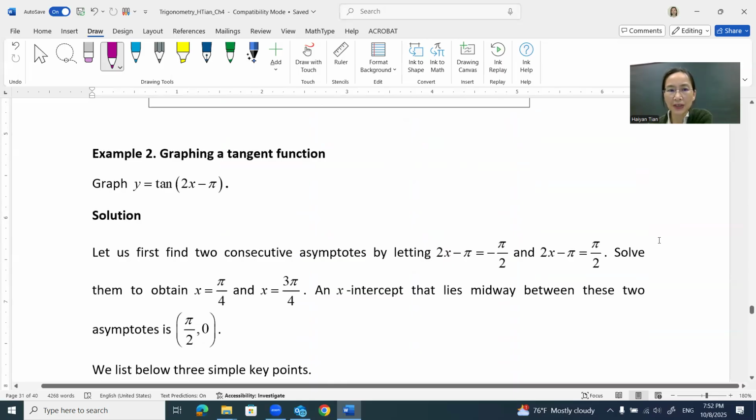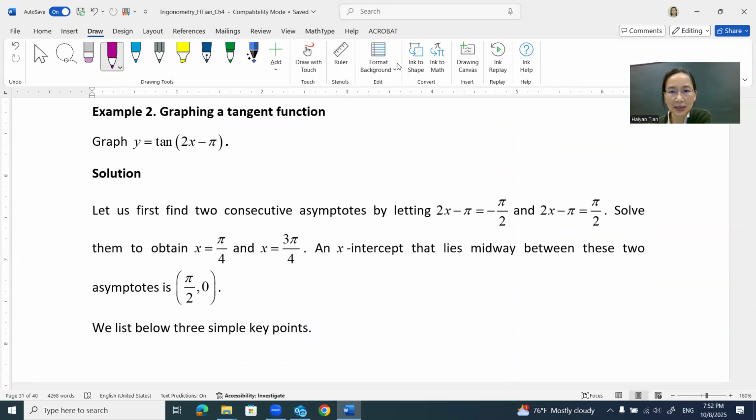If you graph another tangent function like this one, let's just apply our technique. Think of this as a t, for example. We know when t is negative half of pi or positive half of pi, we have asymptotes, right?